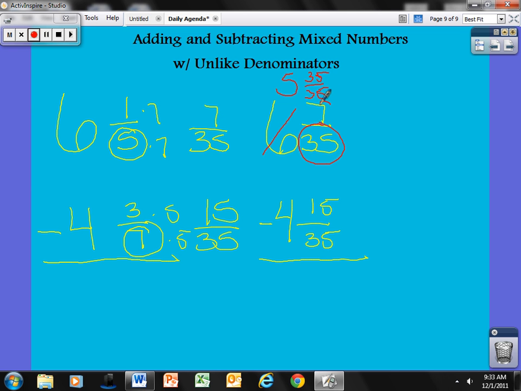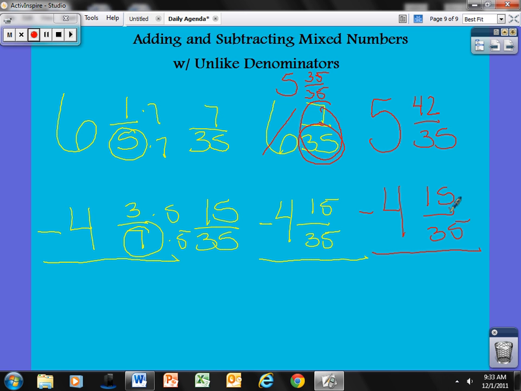Now I already have 7 thirty-fifths here. Denominators are the same, so I can add. So now what I really have up top is 5 and 35 plus 7 is 42 thirty-fifths. And I subtract from that 4 and 15 thirty-fifths. 42 minus 15.